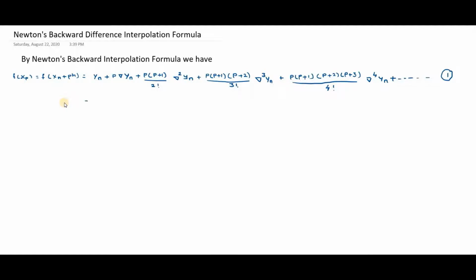This is equal to, I will write first yn as it is, plus p into del yn as it is, plus, if you simplify this, p into p plus 1 is equal to p square plus p divided by 2 factorial is 2 del square yn, as it is, plus, similarly you have to multiply p into p plus 1 into p plus 2.